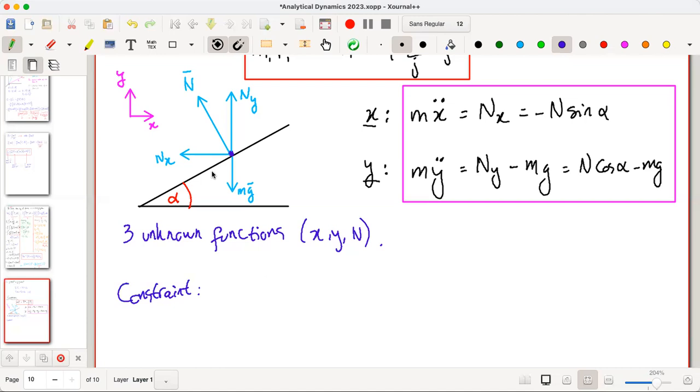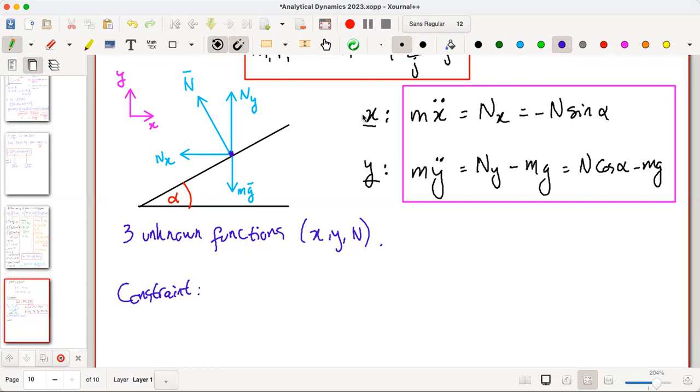When writing down these two equations, we assumed that x is independent of y and y is independent of x. But now we know that it's not the case, because the particle cannot move arbitrarily in x while at the same time moving arbitrarily in y.